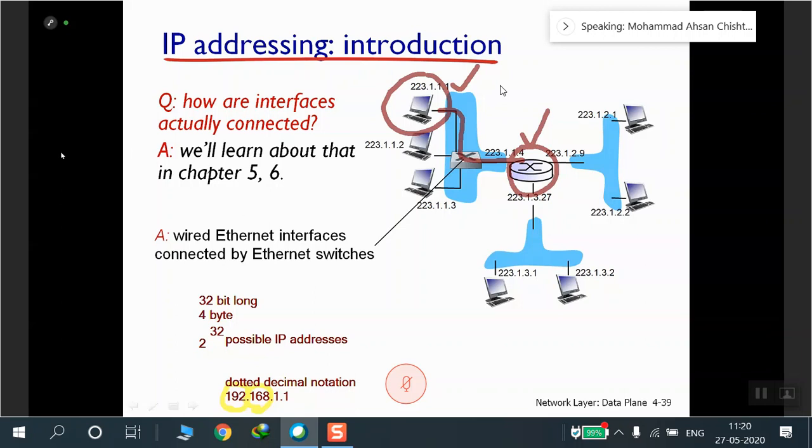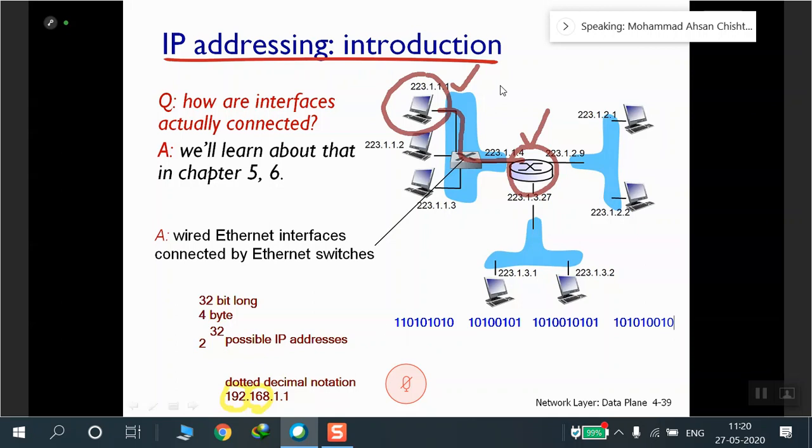Thus we would have a binary notation of something like this. This is how an IP address would look.